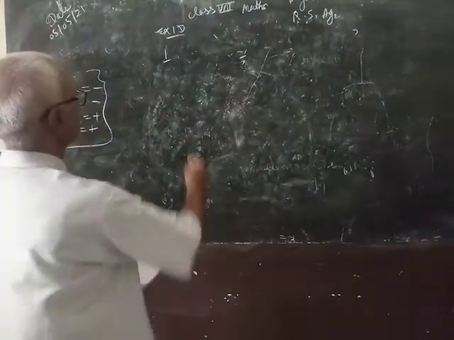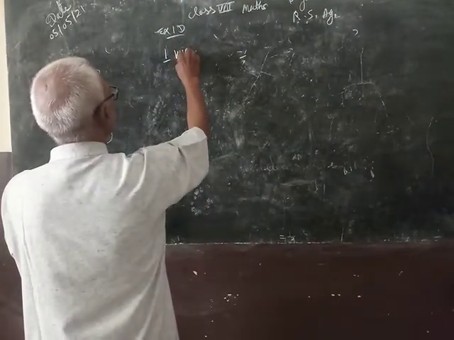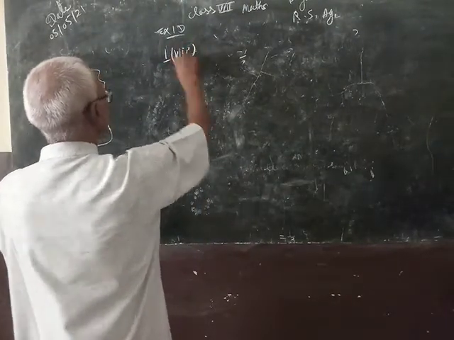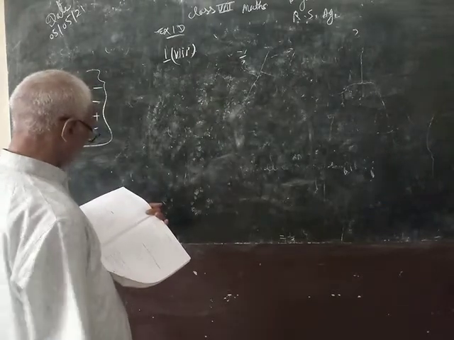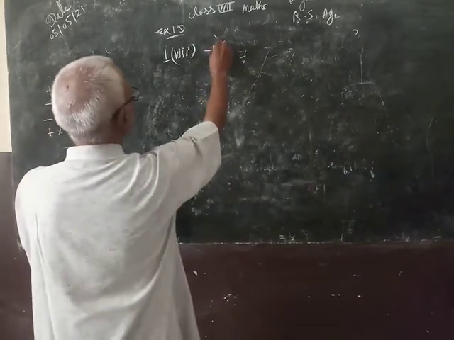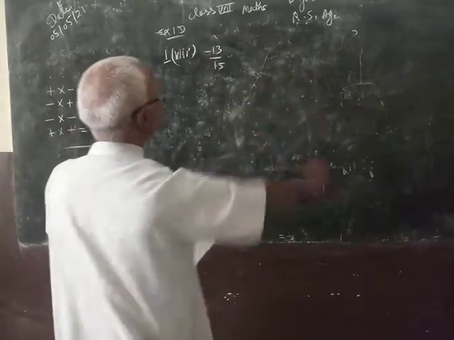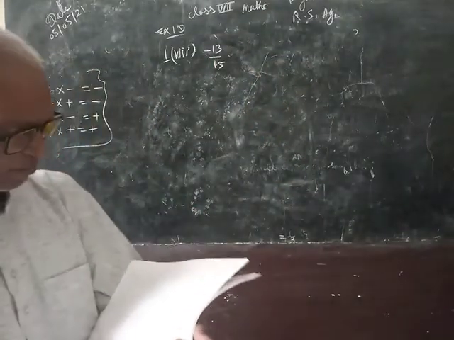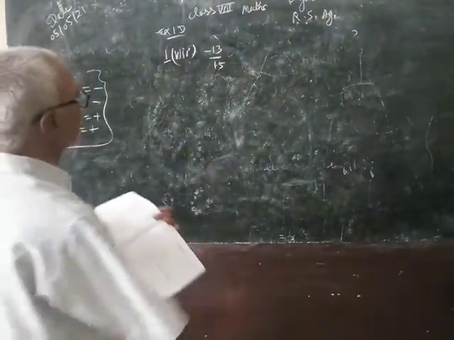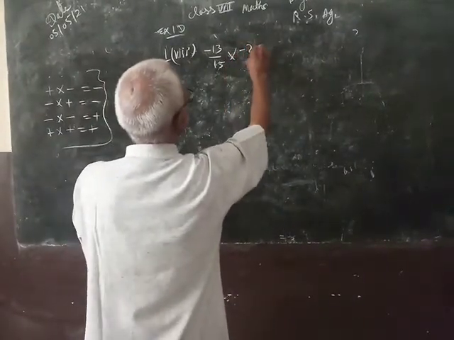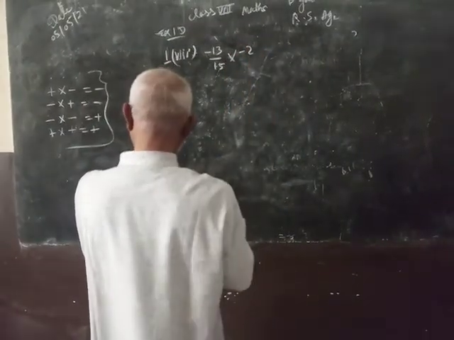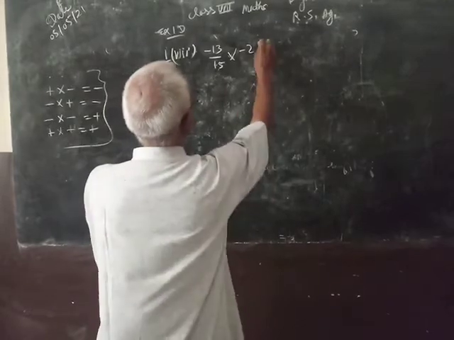Part 8 of question number 1 is minus 13 by 15 into minus 25 by 26.